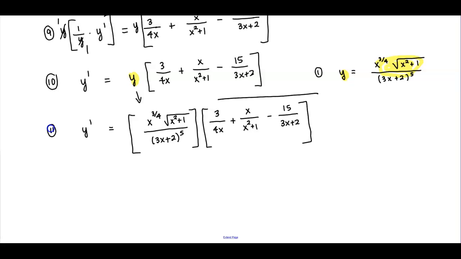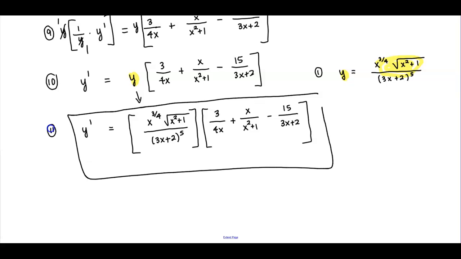And there is the derivative of our function.